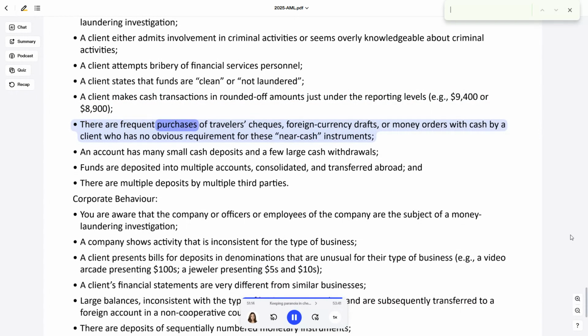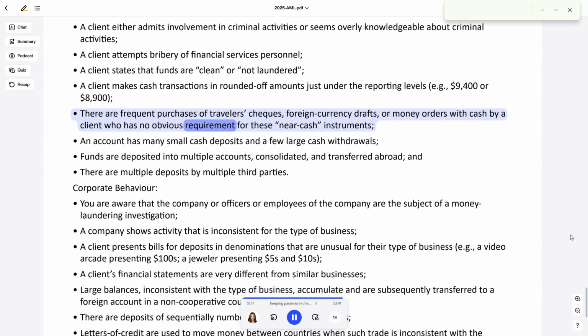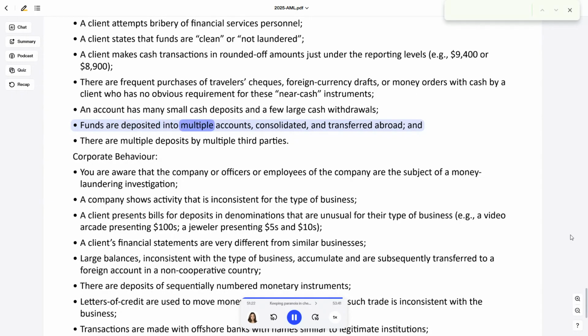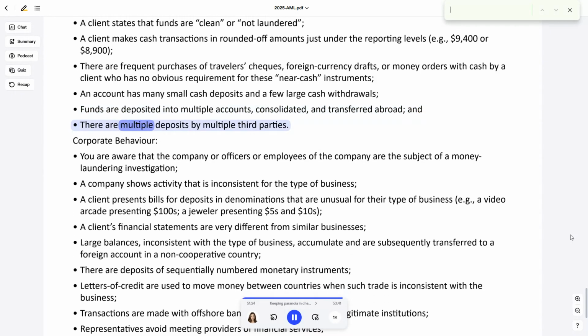There are frequent purchases of travelers' checks, foreign currency drafts, or money orders with cash by a client who has no obvious requirement for these near-cash instruments. An account has many small cash deposits and a few large cash withdrawals. Funds are deposited into multiple accounts, consolidated, and transferred abroad, and hence there are multiple deposits by multiple third parties.